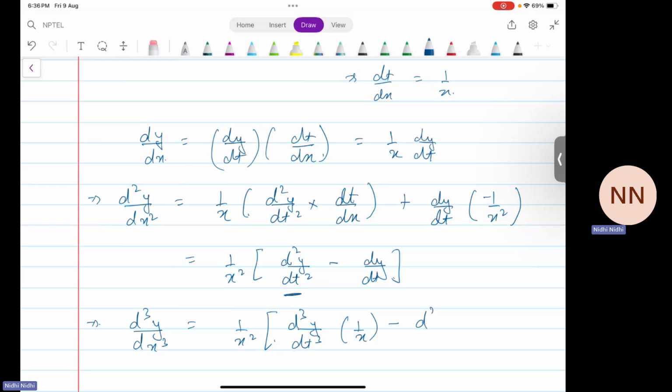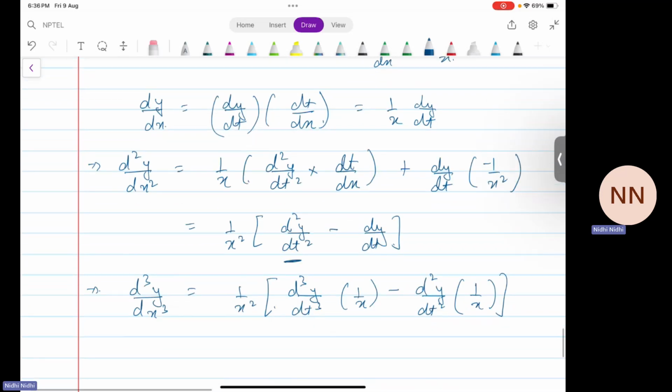So we'll get d2y by dt square times again dt by dx, which is 1 by x, plus d2y by dt square minus dy by dt times the derivative of 1 by x square, which is minus 2 by x cube.